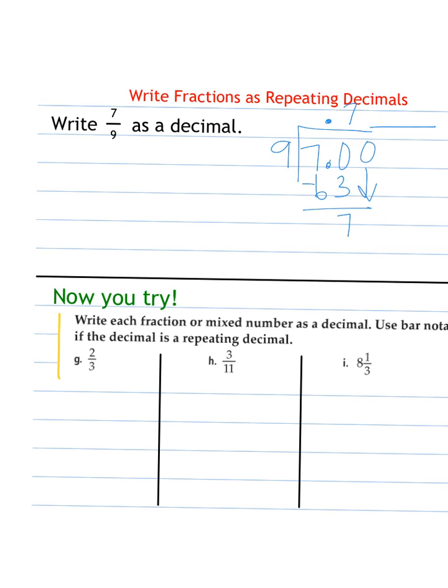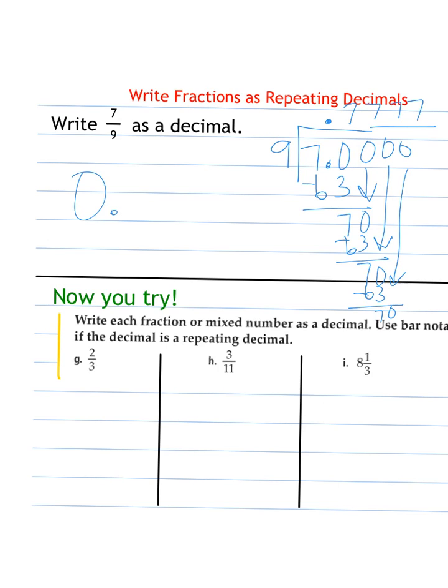We add a 0. 9 goes into 70 7 times, which is 63. Do our subtraction. We get 7. It goes in there 7 times, which is 63. And we notice we are getting the same numbers each time, which is telling us that it is repeating.